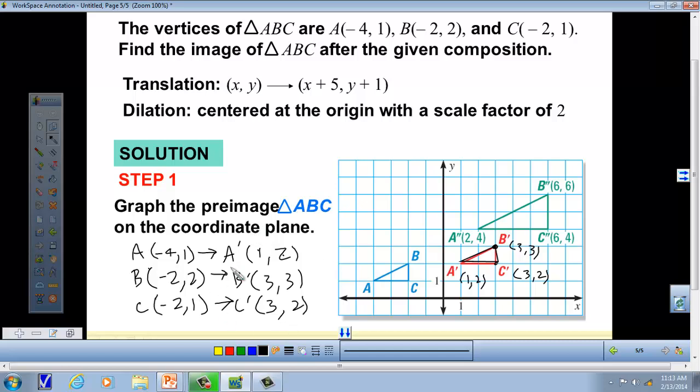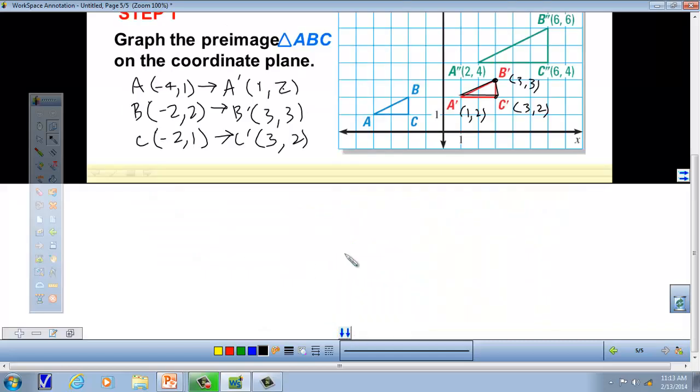Now what we want to do with these points right here is, we have our A prime, and we want a scale factor of 2. The easiest way to do this is just to multiply everything by 2. So if we have 1, 2, then A double prime becomes 2 times 1 is 2, 2 times 2 is 4.